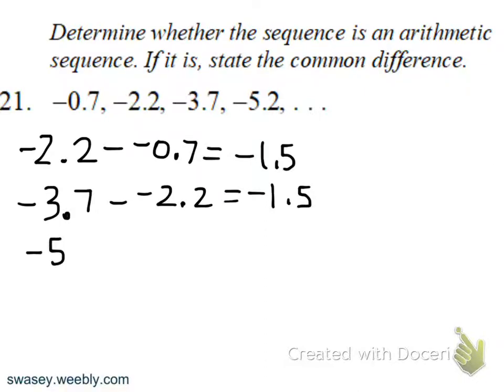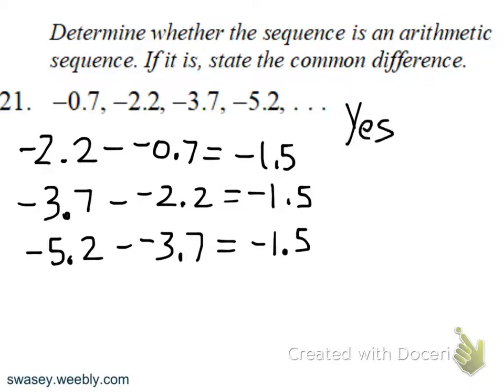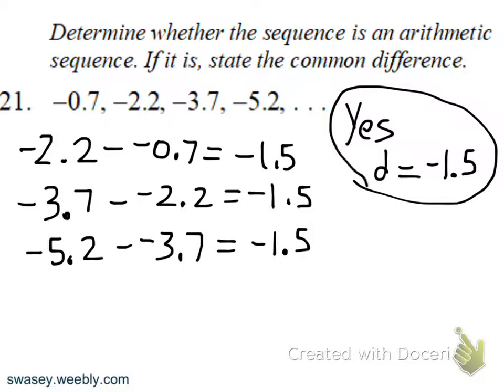And we'll do negative 5.2 minus negative 3.7, and we get negative 1.5. So we would say yes, and the common difference is negative 1.5. If you looked at it from left to right, you should be able to see that you just add negative 1.5 each time.